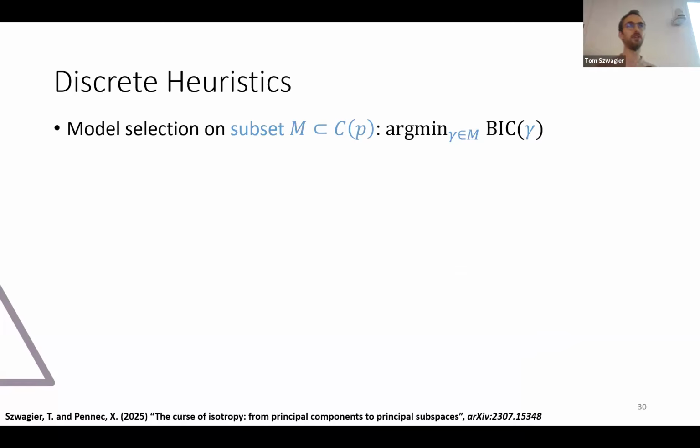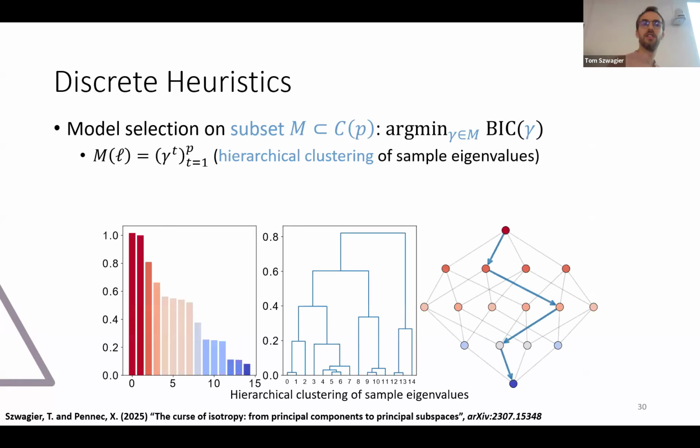Let us see another family of heuristics for selecting the eigenvalue multiplicities. For instance, we can use discrete heuristics, where instead of doing model selection on the whole set of eigenvalue multiplicities, we first select a subset of much more reasonable size, and we optimize the BIC on this set. You can generate this set by running a hierarchical clustering of the sample eigenvalues, for instance.